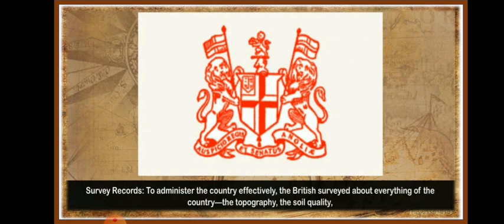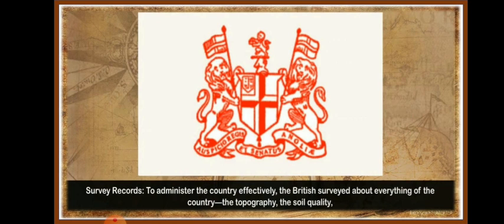They conducted surveys in India. Now what was the survey that the Britishers conducted in India? Surveys were generally local information, information about the various aspects of India and the life of its people, so that the country could be administered effectively.